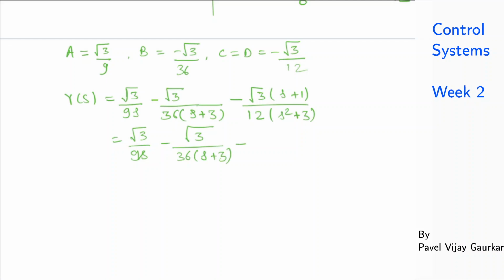So we'll split these two terms separately, minus under root 3 over 12 s square plus 3 into s, and minus under root 3 by 12 s square plus 3.